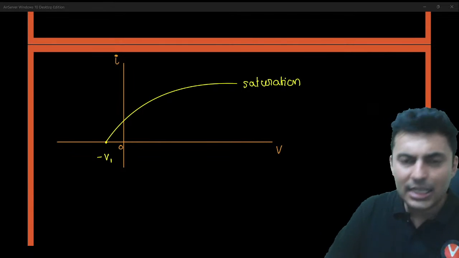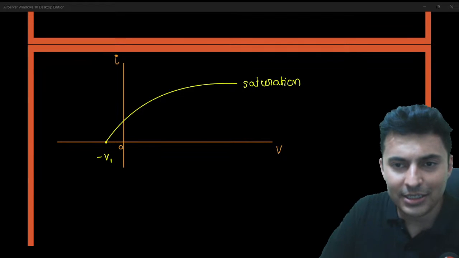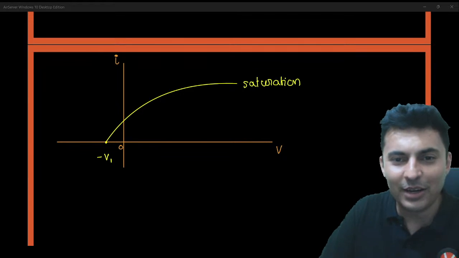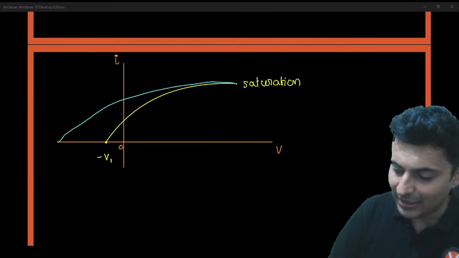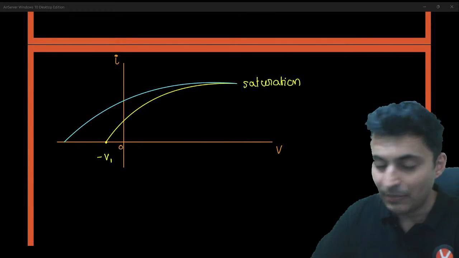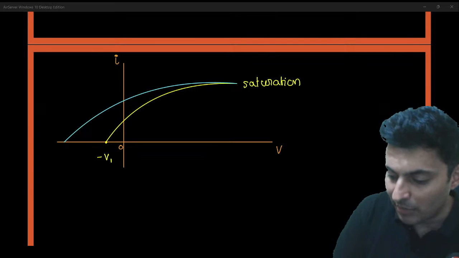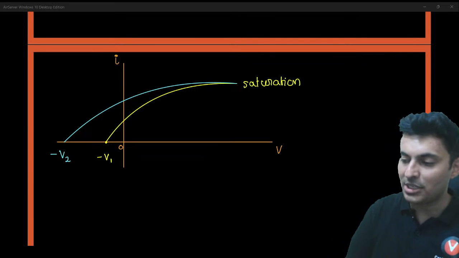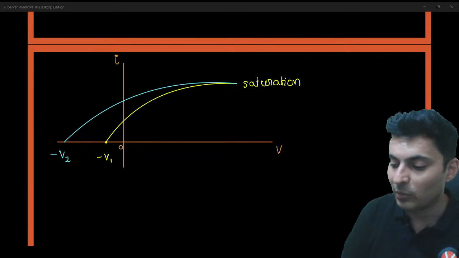If you take light of a different frequency, you will see that the graph will go like this. Saturation will be the same. Basically, the intensity is the same, but it will have a different stopping potential.